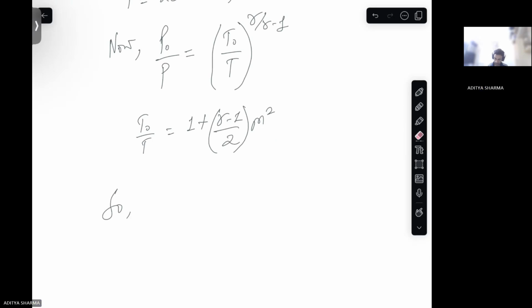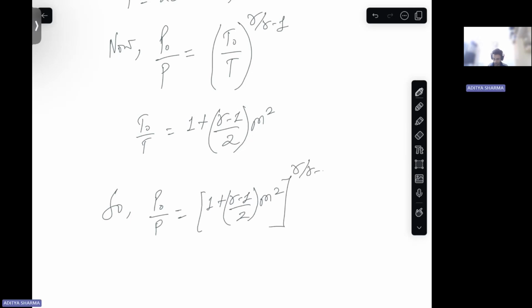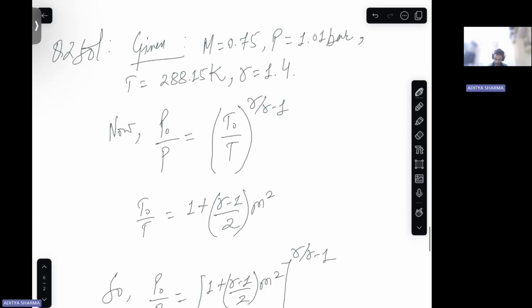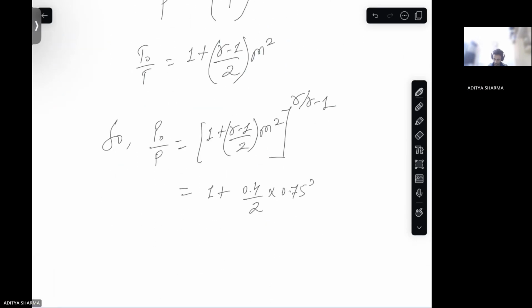So P naught by P is 1 plus gamma minus 1 by 2 M square, raised to gamma by gamma minus 1. 1 plus 0.4 by 2, 0.75 square, raised to gamma is 1.4 divided by 0.4. So please solve this.